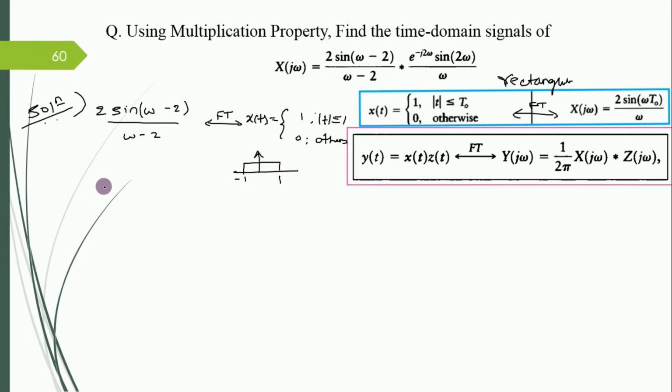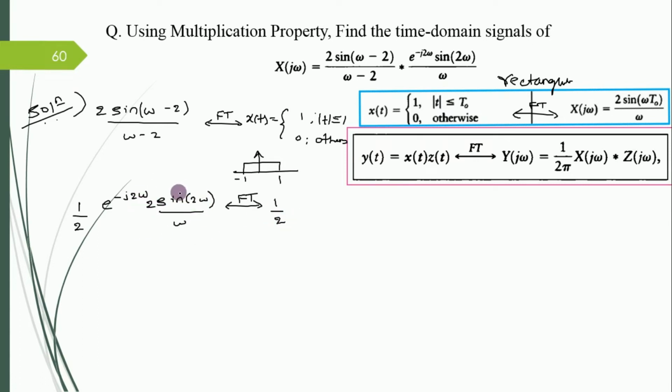And if I want to take the next one, e raised to minus j 2 omega sine of 2 omega divided by omega, for its FT pair I should have 2 here. So 2 is missing here. So I introduce 2 here, and to compensate, I'll take 1 by 2 on both sides, so that 2 is added here.